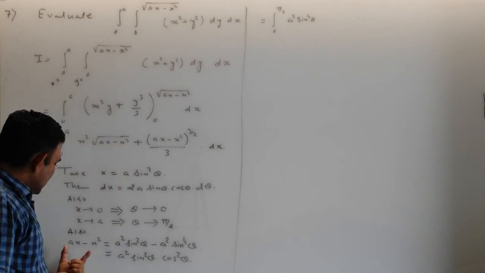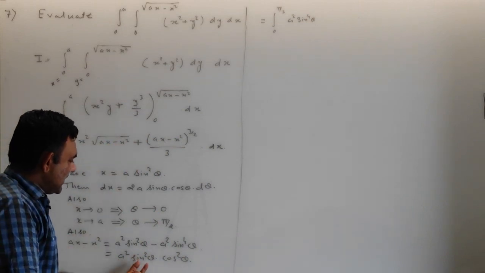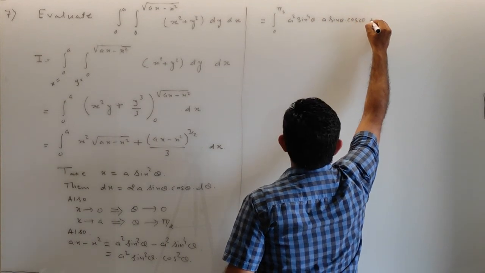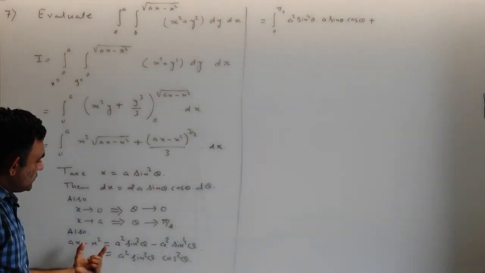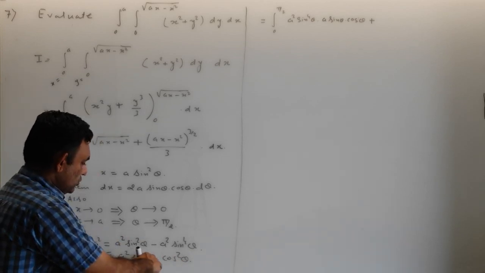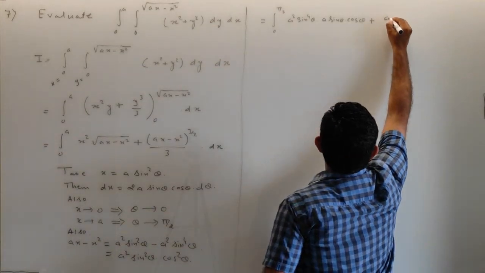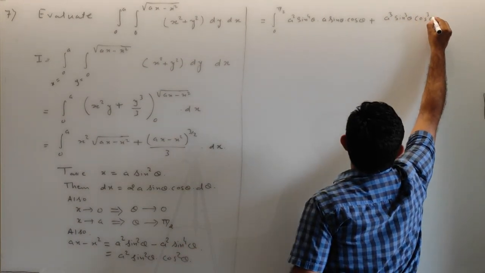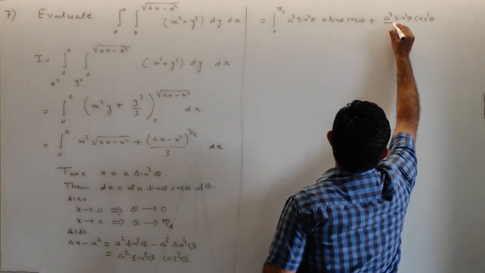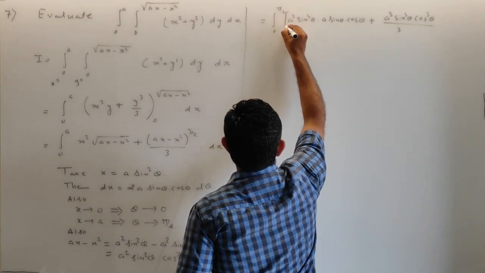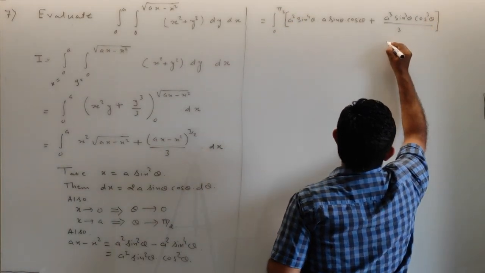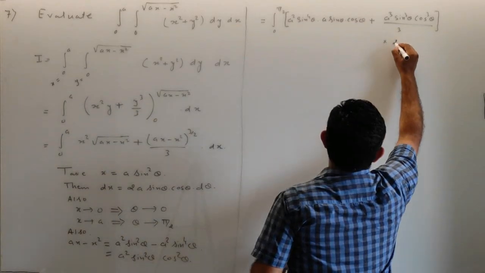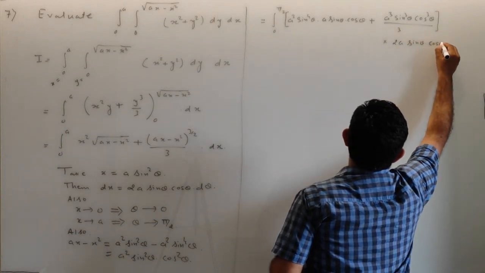Now under root of ax minus x square is a sine theta cos theta, plus ax minus x square raised to 3 by 2, so the 2 will get cancelled, and we have a cube sine cube theta cos cube theta, and already we have divided by 3, and all this into dx, and my dx is 2a sine theta cos theta d theta.